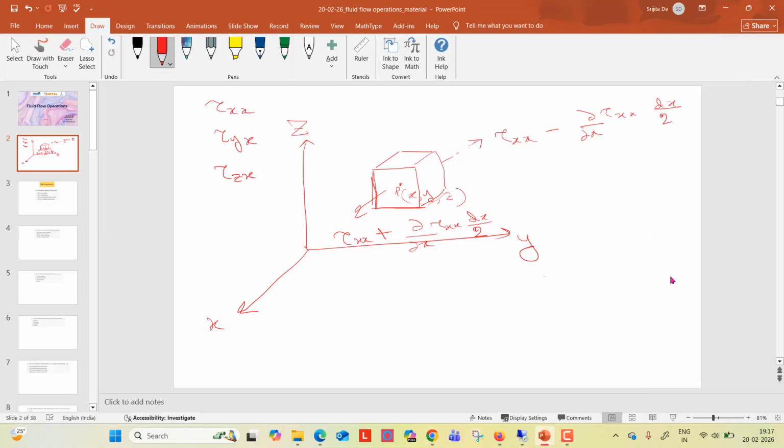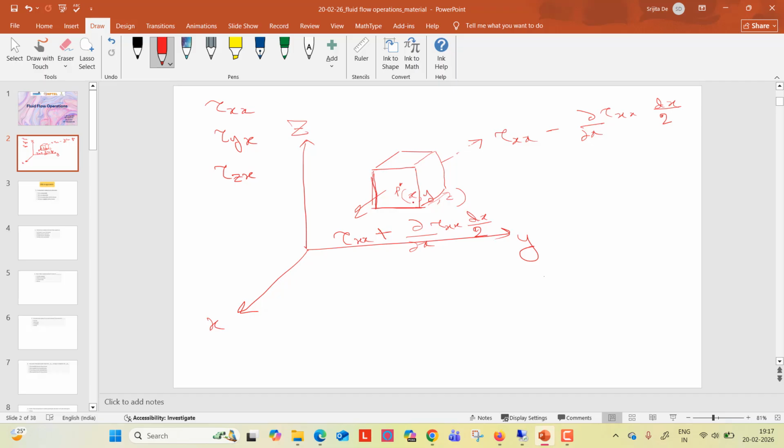Okay. So now what will be the tau yx? So tau yx will work on this direction. From x, the area working will be in the x direction and the force in the y direction, right?